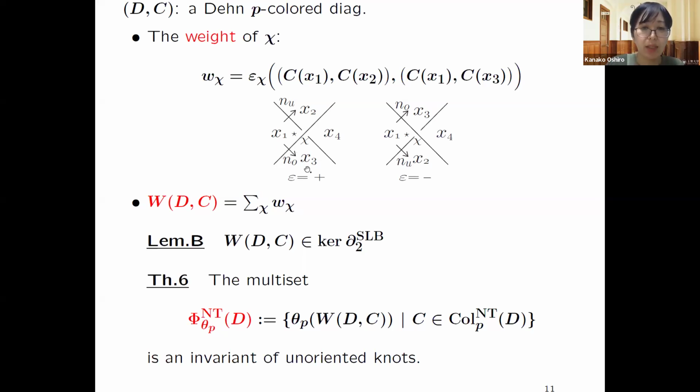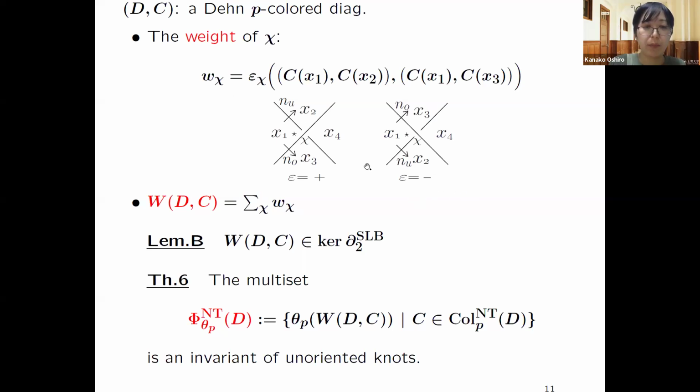Then the weight is the sign and the colors of X1, X2 and X3 under the cocycle. The sign is given like this: if the pair of the normal orientation from X1 to X3 and the normal orientation from X1 to X2 corresponds to the right-hand orientation of R^2, then the sign is plus.